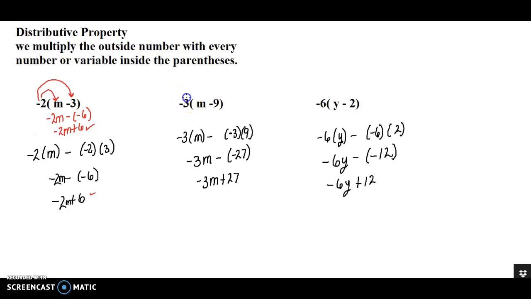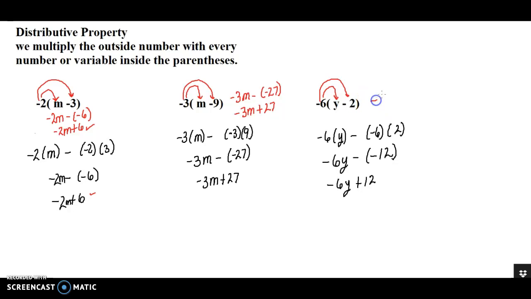Once again, if you like this method, arrow, arrow. This would give me a negative 3m minus a negative 27, and so that would be a negative 3m plus 27. Negative 6 times m, and negative 6 times a negative 2.